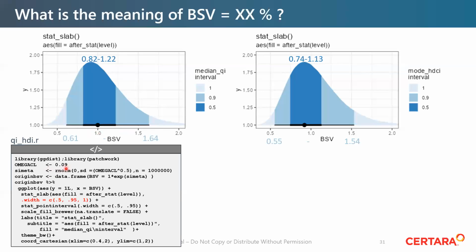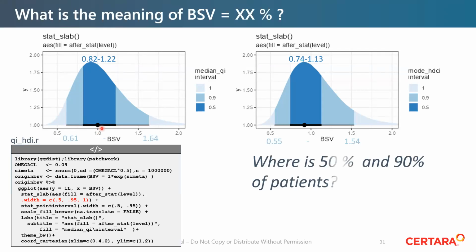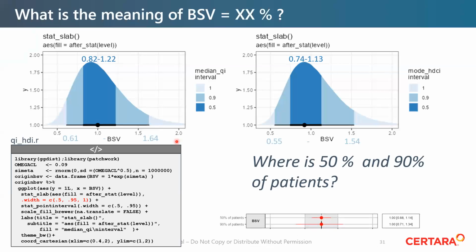But what I'm interested in is to know where my 50% of patients or 90% of patients are. So in my package, I use median and percentiles to summarize this distribution of BSV in a separate facet called BSV.